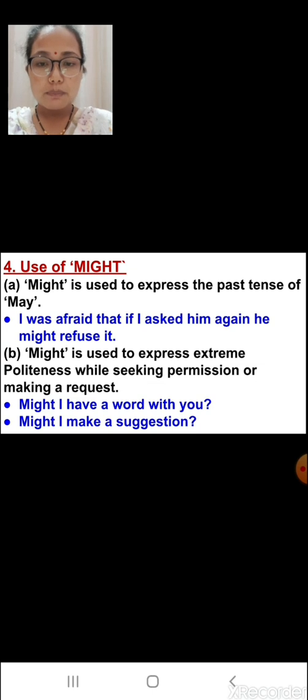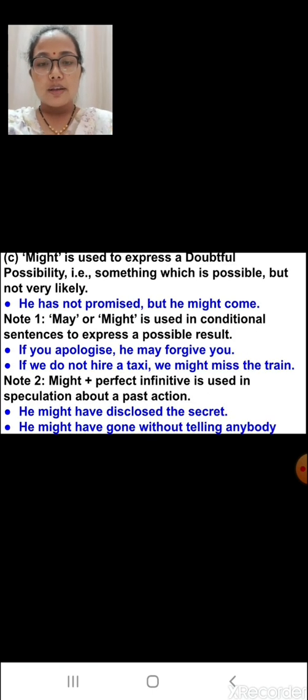For example, number 1, might I have a word with you? Might I make a suggestion? Might is used to express a doubtful possibility, that is, something which is possible but not very likely. For example, number 1, he has not promised, but he might come.